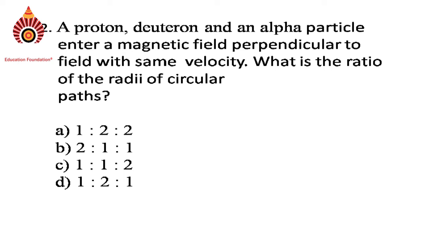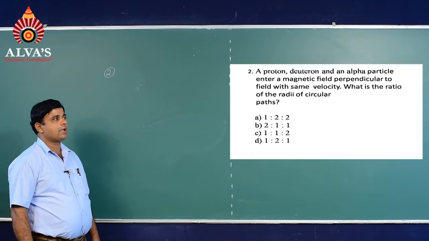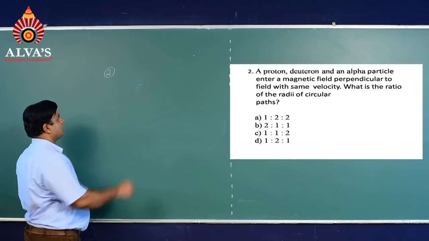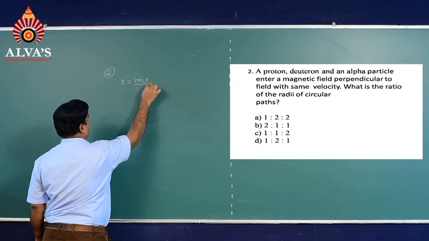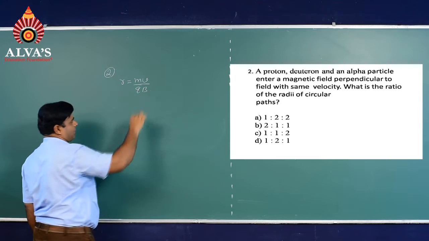Second, a proton, deuteron and an alpha particle enter a magnetic field perpendicular to the field with the same velocity. What is the ratio of the radii of circular paths? Here, 3 charged particles enter the field normally. So, they move in the circular path of radius r equal to m into v divided by q into b.